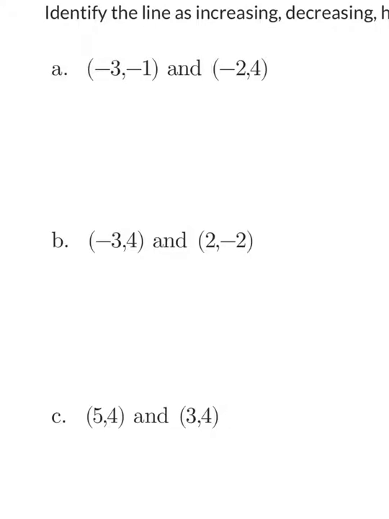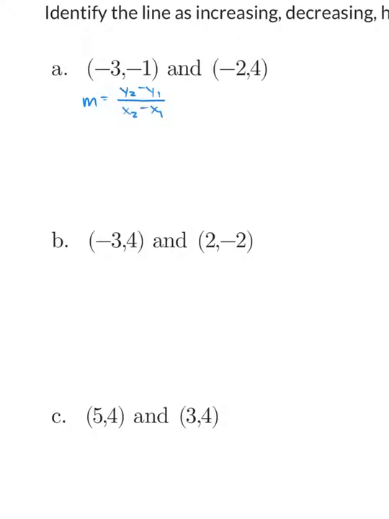And the more you write it down, the more comfortable you are going to be with it, as well as the more likely you are to memorize it. So, my formula for slope is m equals y2 minus y1 over x2 minus x1.